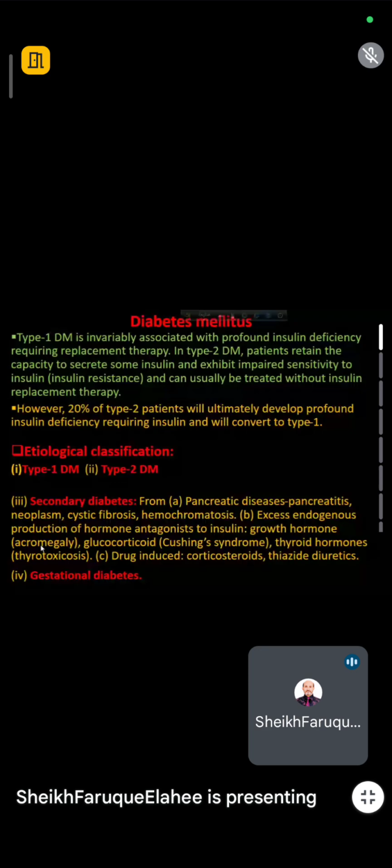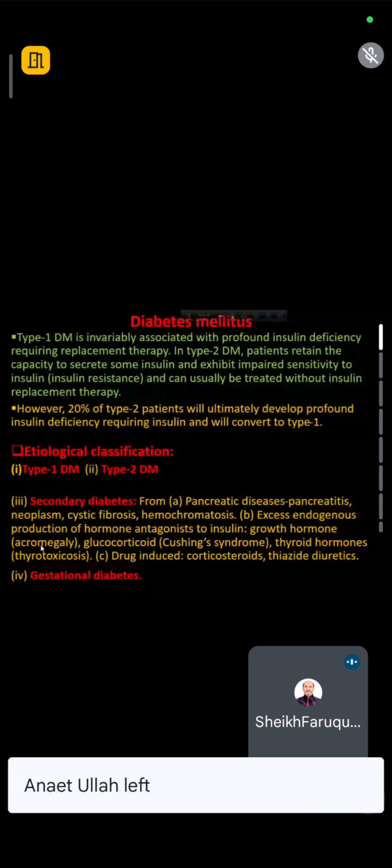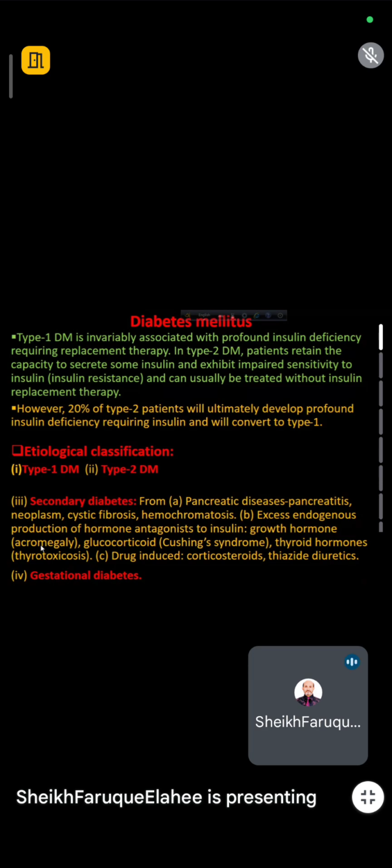So this sort of diabetes is called secondary diabetes. It is not due to deficiency of insulin. There is insulin, but more hormones are produced from other organs to neutralize the action of insulin. That's why this guy will have diabetes. Now another type of diabetes is called gestational diabetes. Gestational, pregnancy diabetes.